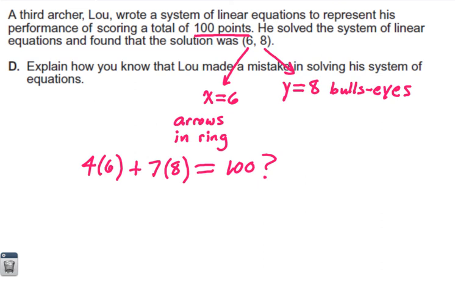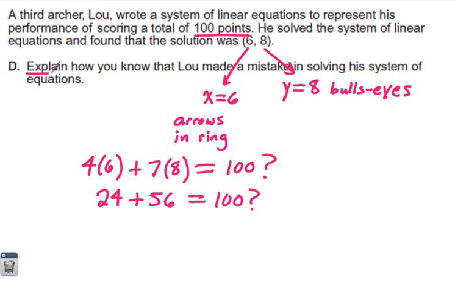And does that equal 100? Well, 4 times 6 is 24. 7 times 8 is 56. 24 plus 56 is 80. So that does not equal 100.